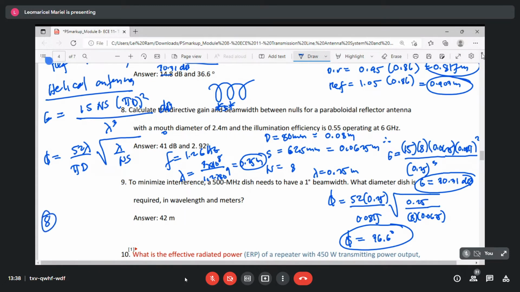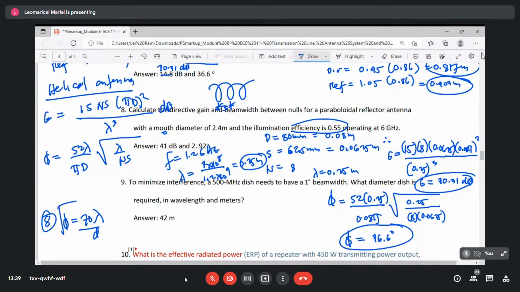Calculate the directive gain and beam width between two nulls of a paraboloidal reflector antenna with a mouth diameter of 2.4. Okay, tatandaan, no? Kapag ang illumination efficiency mo is around 0.55 to 0.6, automatically that the beam width is equals to 70 lambda over d.